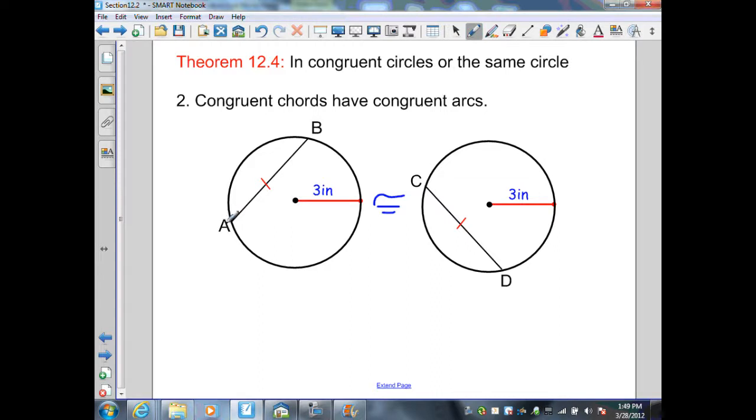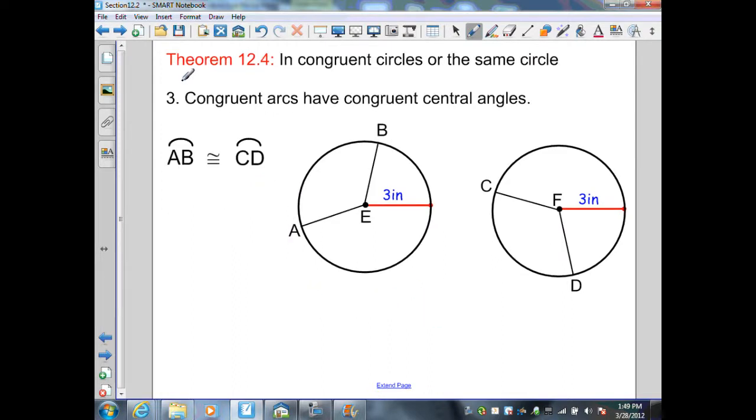Inside each circle, I have chords. Here, chord AB and chord CD. By the diagram, I know that these chords are congruent. And from Theorem 12.4, if I know the chords are congruent, then their intercepted arcs are congruent. Therefore, arc AB is congruent to arc CD.